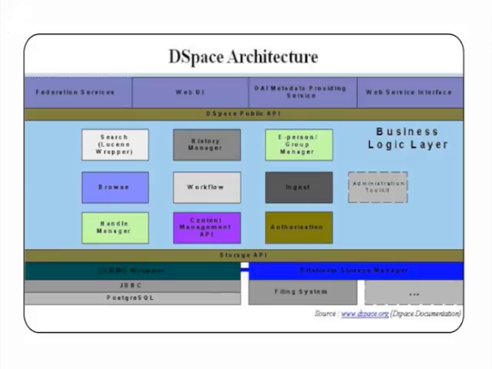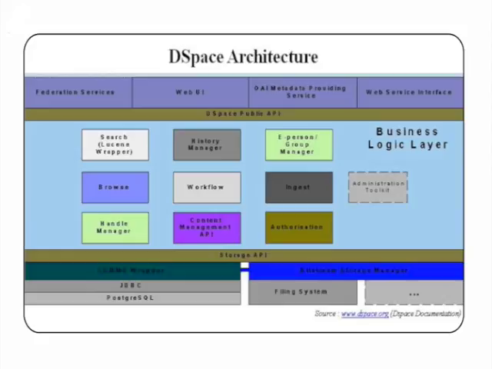The DSpace public API takes care of user interfacing and services. It contains components for web user interfacing, federation services, metadata providing services as defined by the Open Archives Initiative Protocol, interfaces for web services like SWORD, which is Simple Web service Offering Repository Deposit, etc.